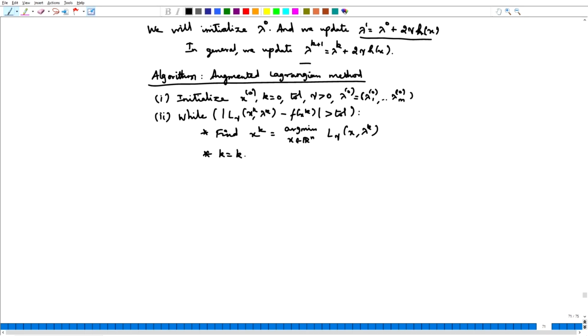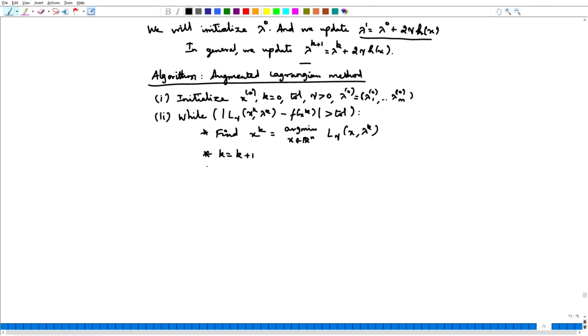Of course, you add k equal to k plus 1, and this can be found by any algorithm for unconstrained optimization, say gradient descent method, conjugate gradient, Newton method or quasi Newton methods. And you write k equal to k plus 1.